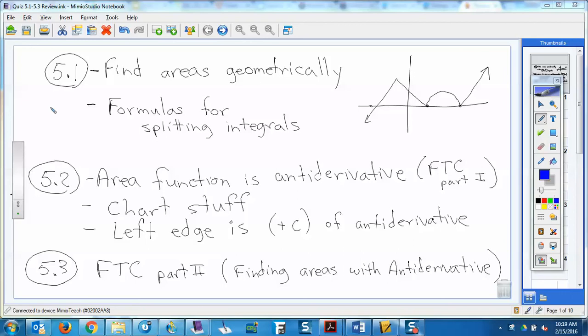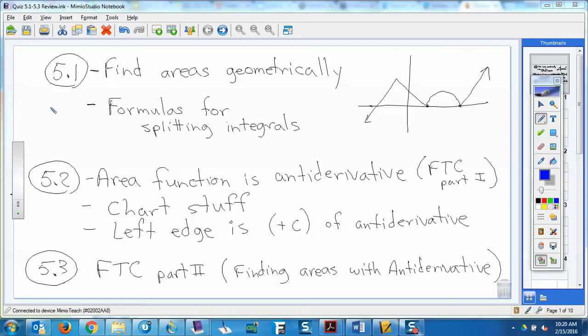So in section 5.1, we had two basic things we did. Be able to find areas geometrically, with formulas for triangles, rectangles, trapezoids, circles, and then be able to find areas with integral notation, like splitting up the integrals. The integral from 1 to 3 plus the integral from 3 to 5 is the same as the integral from 1 to 5.